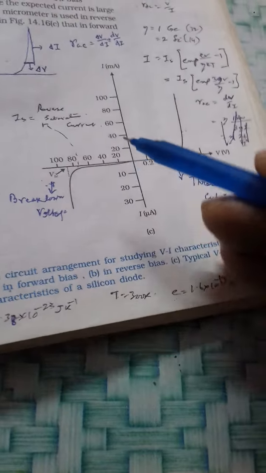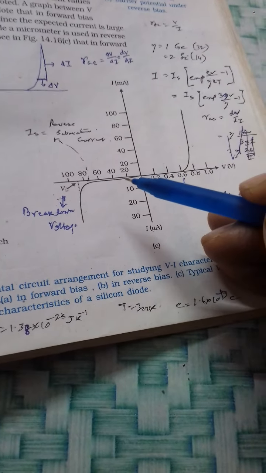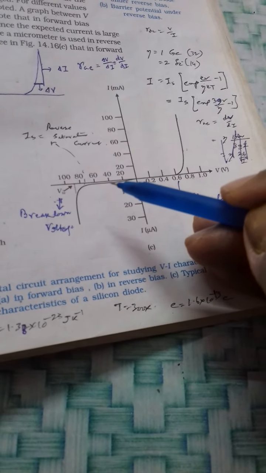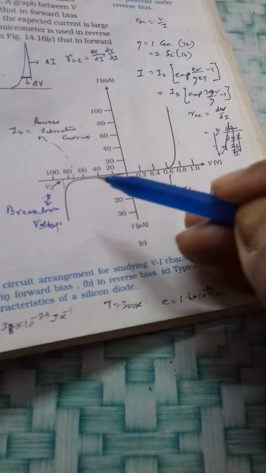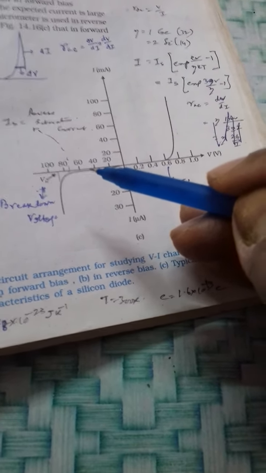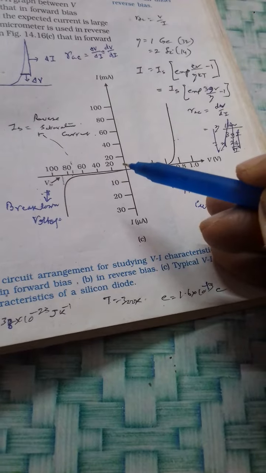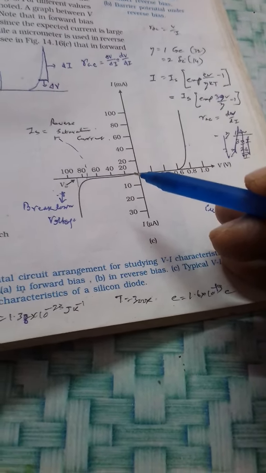Whereas if you put reverse bias, the current is of microampere order, as I have told you. These are due to minority carriers, very small currents, because they have a favorable field. In forward bias, the majority carriers are favorable; the minority carriers are not favorable, but they move slowly due to the barrier potential.